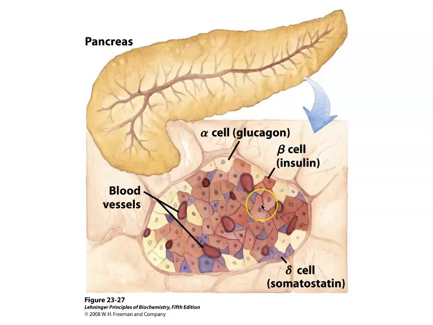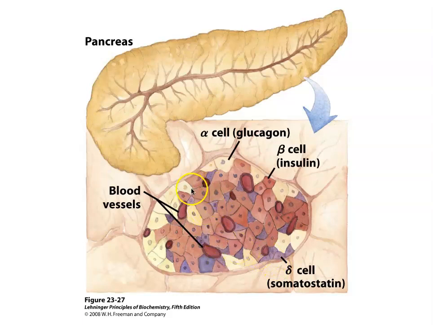The endocrine part of the pancreas is described here in these so-called Langerhans islets that have three major cell types: the alpha or A, the beta or B, and the delta or D cells. The alpha secrete glucagon, beta secrete insulin, and the delta somatostatin.